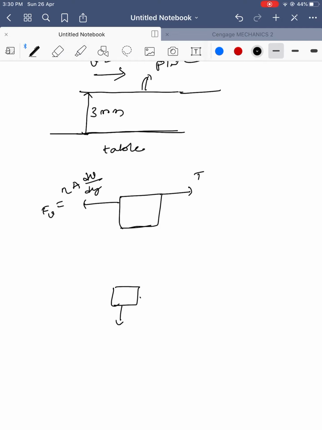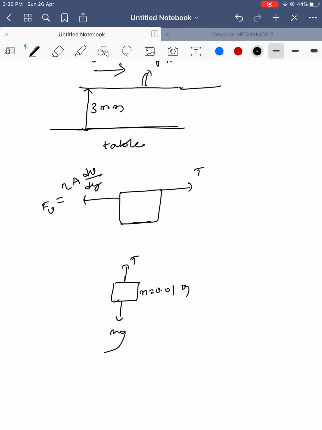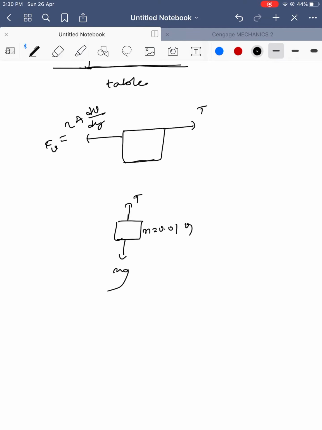So there is a force mg acting in the downward direction, tension acting in the upward direction. He is asking us to find the coefficient of viscosity, mu. As the velocity is constant, acceleration is equal to 0. So T is equal to mg.